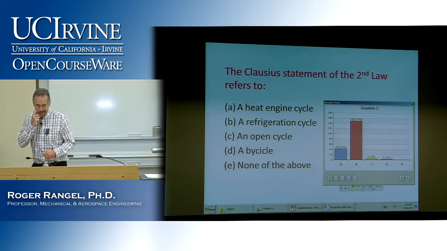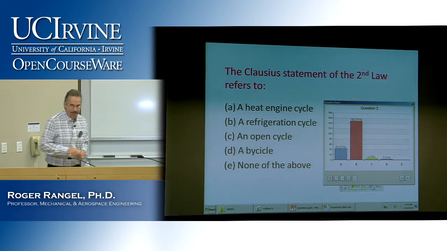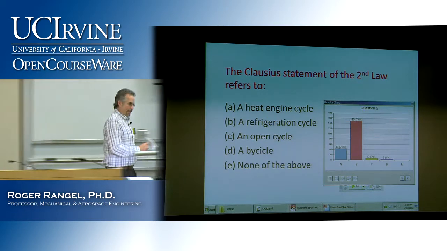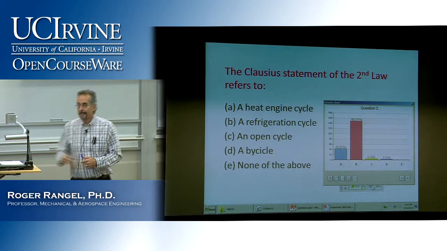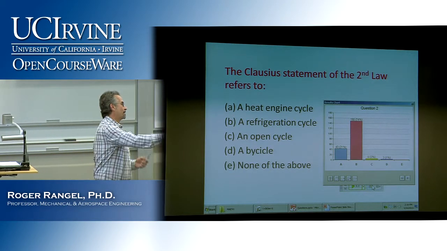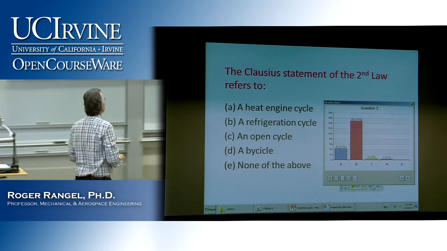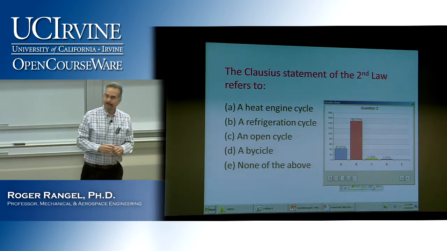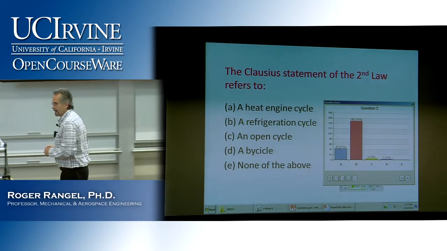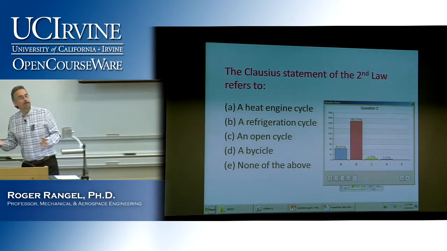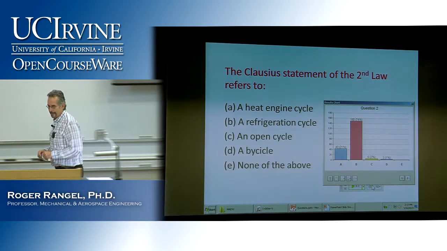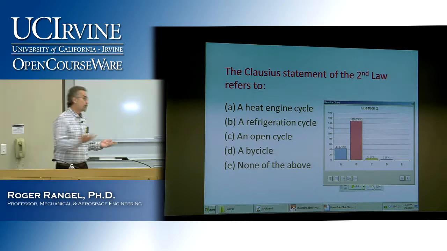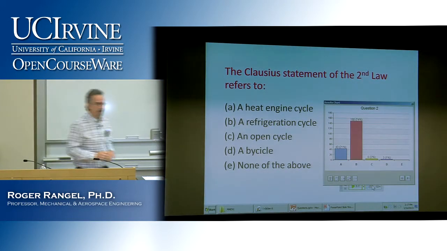It is a refrigerator. Right? The Clausius statement of the second law is a statement that deals with a refrigeration cycle. Remember, the Kelvin-Planck statement that I was talking about a moment ago refers to a heat engine. So the Kelvin-Planck statement is about what type of heat engine you can have and which one you cannot have. And the Clausius statement is about what kind of a refrigeration cycle you cannot have.